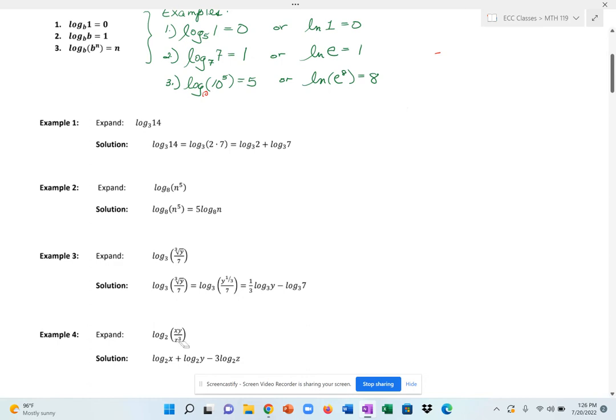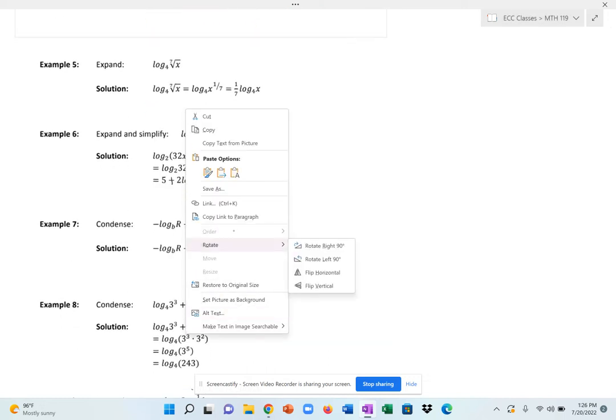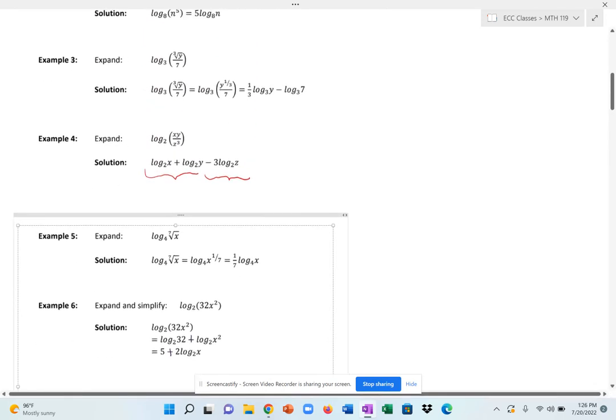So when you break that down completely, I have the log base 2 of x plus the log base 2 of y, that is your product law, and then minus, that's your quotient law, and then power law is applied to the 3 in front of that logarithm. So that's 3 log base 2 of z.